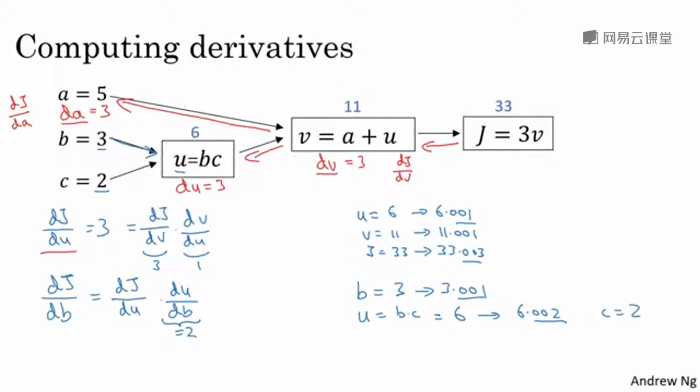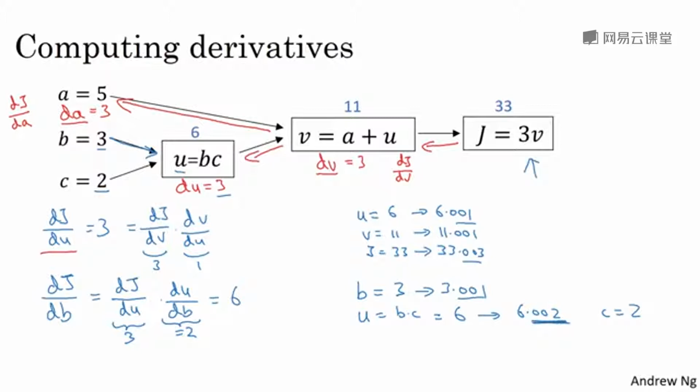And now we know that u has gone up twice as much as b has gone up. Well, what is dj du? We've already figured out that this is equal to 3. And so by multiplying these two out, we find that dj db is equal to 6. And again, here's the reasoning for the second part of the argument, which is we want to know when u goes up by 0.002, how does that affect j?